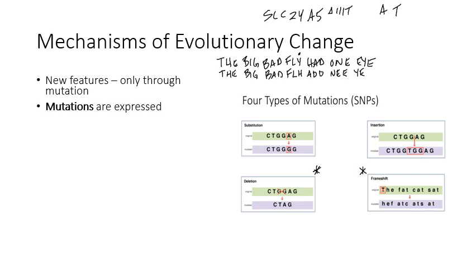Now, mutations are expressed on coding DNA, and other mutations. I'll add in two more terms here. We get SNPs, or single nucleotide polymorphisms.